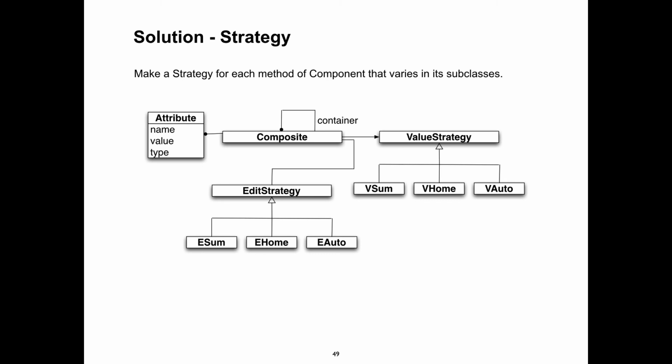But we know the strategy pattern, right? And that's what the strategy does, right? We have some behavior that instead of being in a class, we put it in a strategy object, and then the class calls that strategy to do the work, right? And so one of the things we want to do on a policy is edit the policy, right?